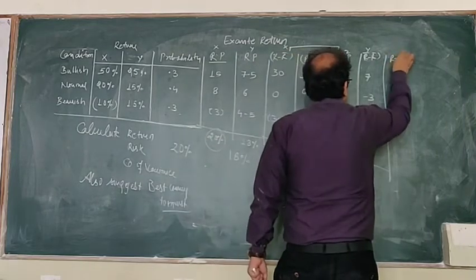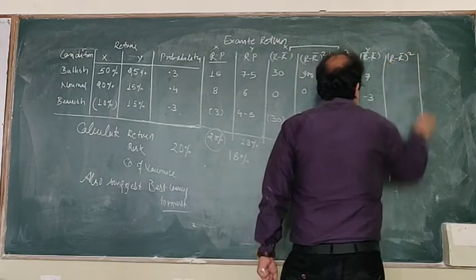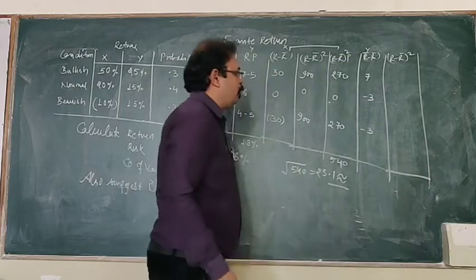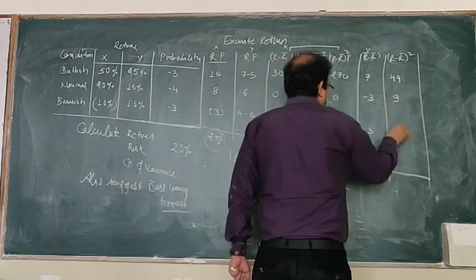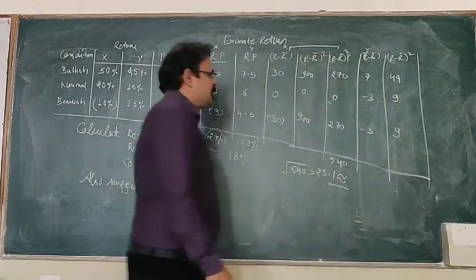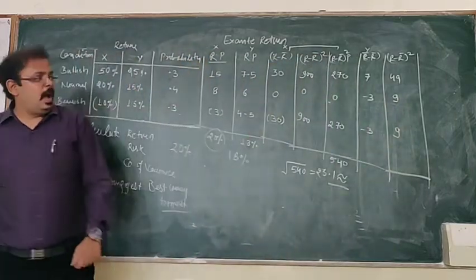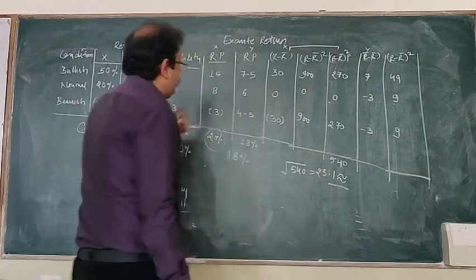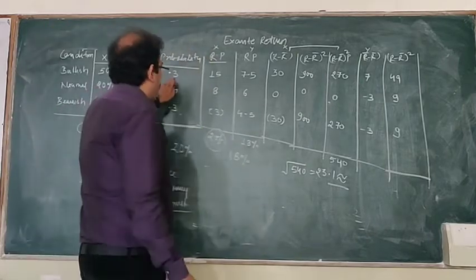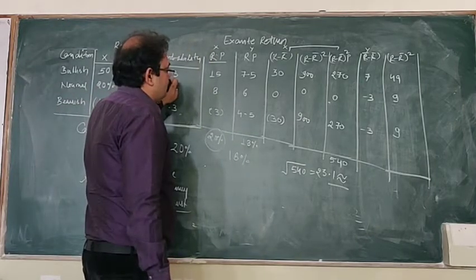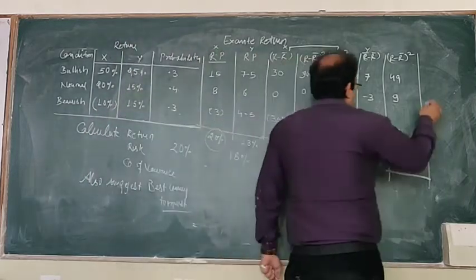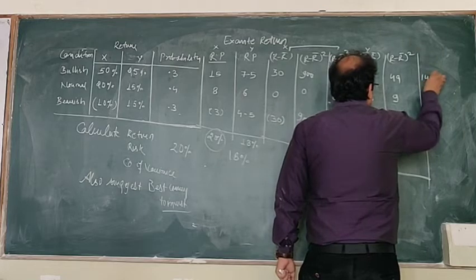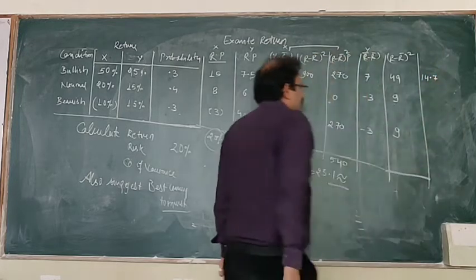R minus R bar whole square: 49, 9, 9. Now multiply with the respective probabilities. 49 into 0.3, 49 3s are 147, so it's 14.7. Is it clear now?